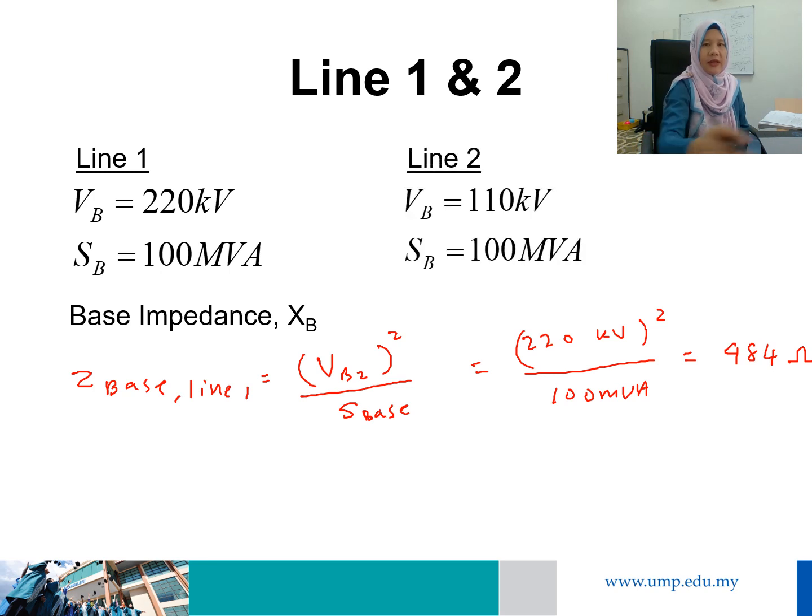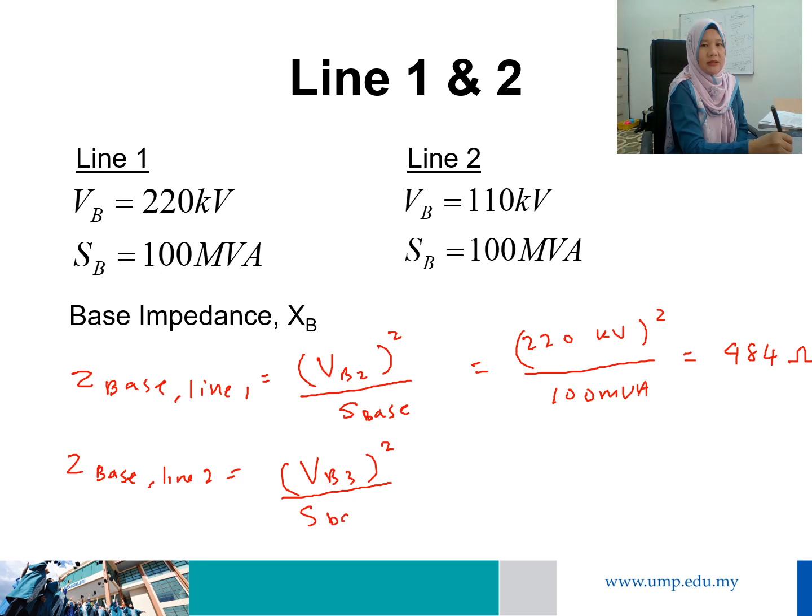And then for line number 2, the base voltage for transmission line 2 is equal to 110 kV and the base power is 100 MVA. The transmission line 2 is located at region number 3. So Z base for line 2 is equal to V base for region number 3 squared divided by S base.